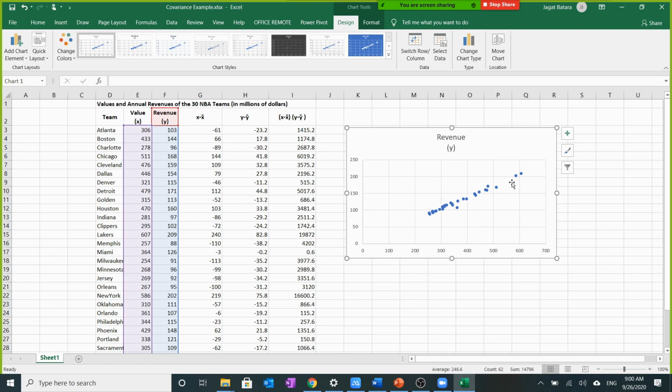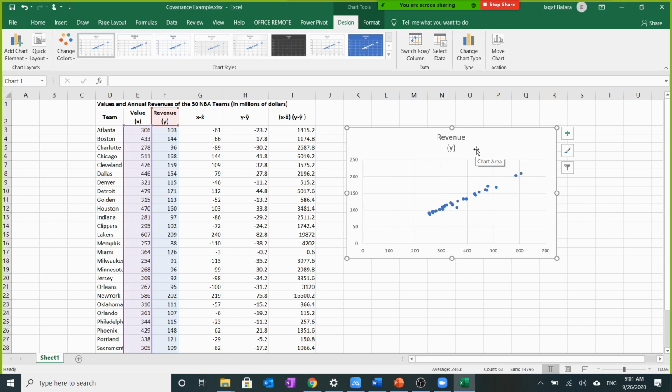So each dot is a point for Chicago, Charlotte, Boston, and so on. You know the data is quite good. You can easily see the pattern here. It's not spreading a lot, right?